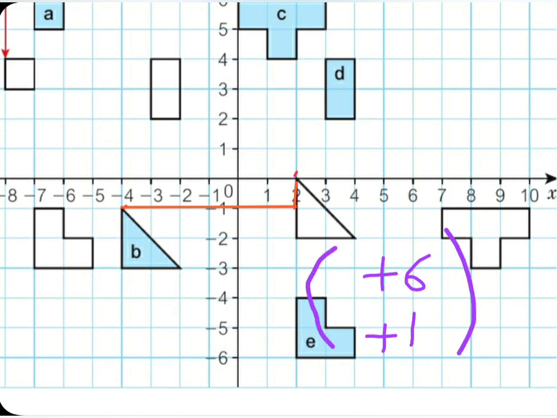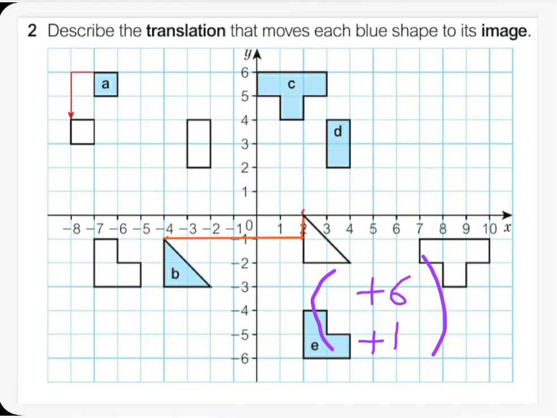Because on the upper side here, you described the horizontal movement. And the lower side, you described the vertical movement. And because it went positive here and positive here, we said positive 6 and positive 1. And this is how you answer a question like this.